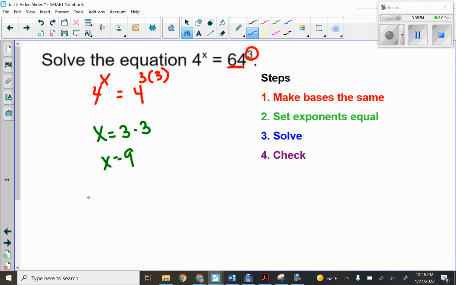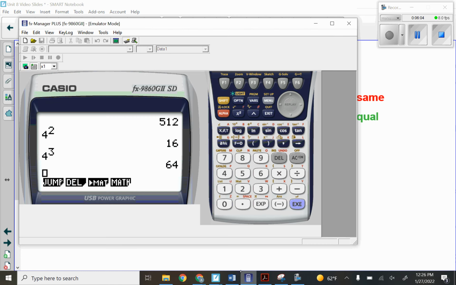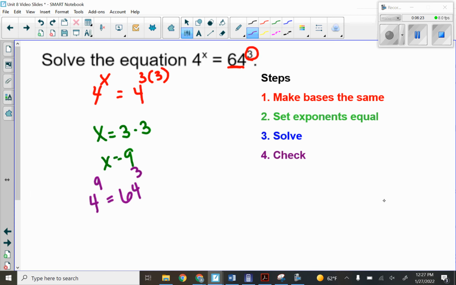And then you'd plug that back in to check. 4 to the 9th equals 64 to the 3rd. 4 to the 9th is 262,144. 64 to the 3rd is also 262,144. So check, x equals 9.